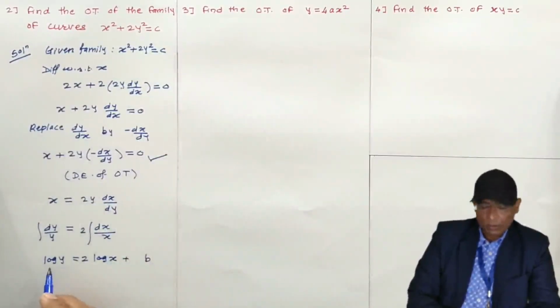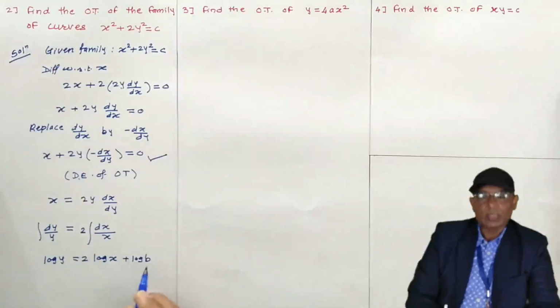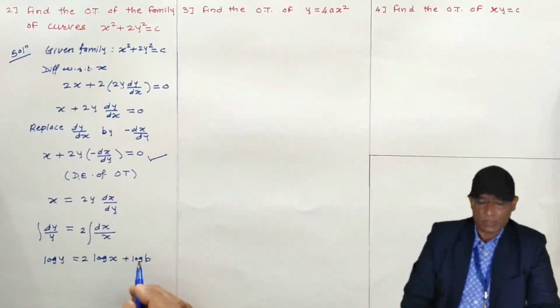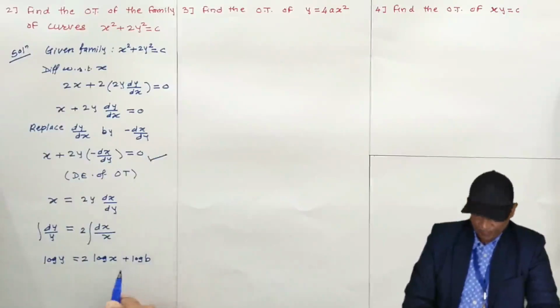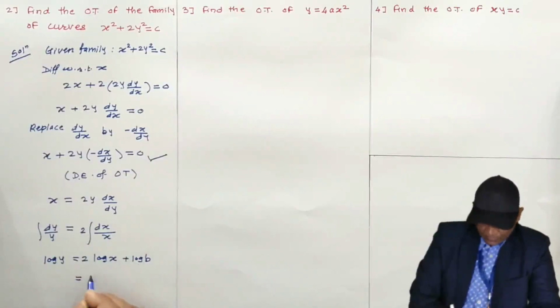Here all the terms are log terms. This is not mandatory, but all the remaining terms are log terms. For further simplification, I am taking log b as the integration constant. If you put b as the integration constant, it is also okay.